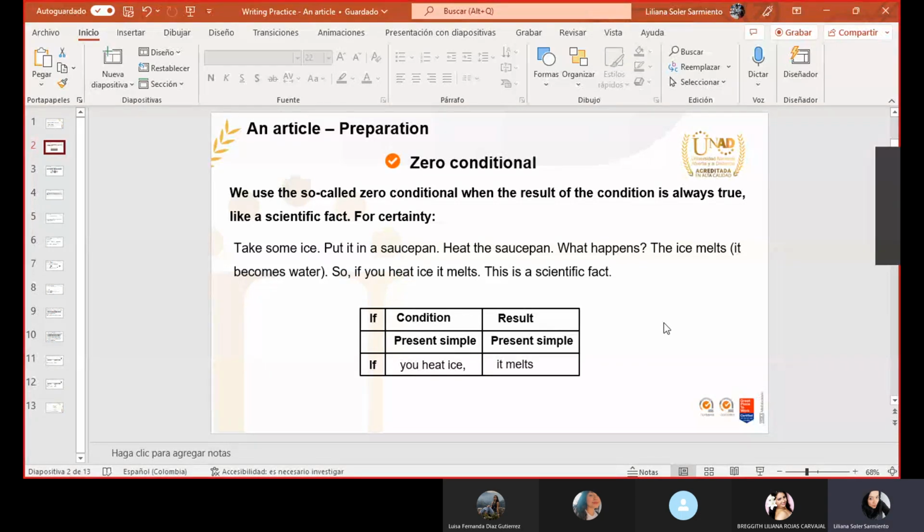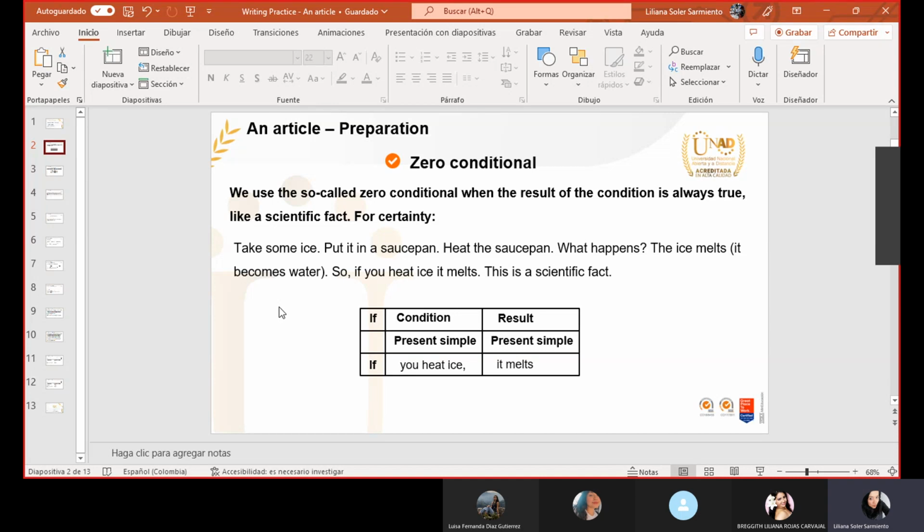over the stove in the kitchen. Heat the saucepan. What happens? The ice melts. It becomes water. So if you heat ice, it melts. This is a scientific fact.